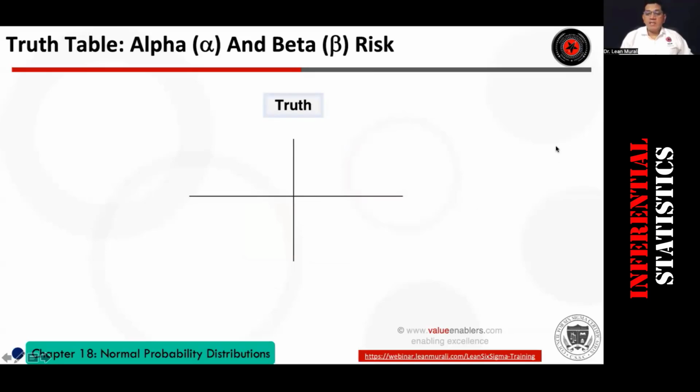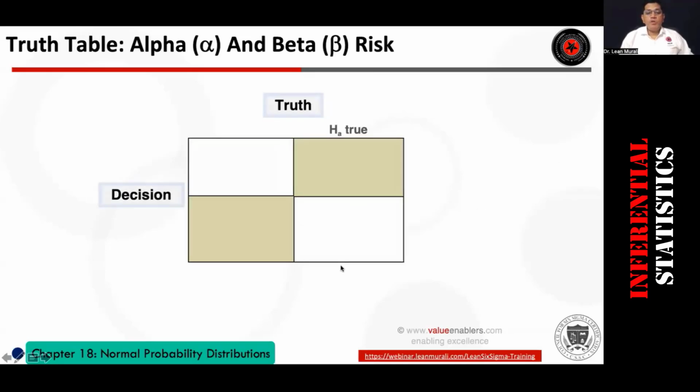Okay, now let's take the manufacturing example. Let's put this box. Now some product is rejected. The truth is it is a defective product. But if you fail to reject a defective product, it is a type 2 error. Before I explain this, I'll ask you this question.